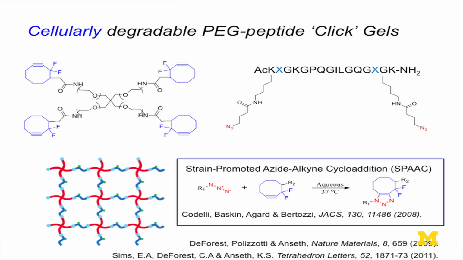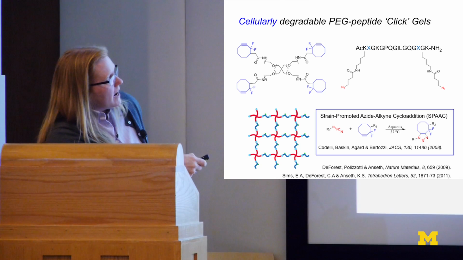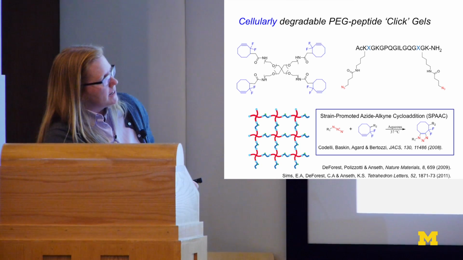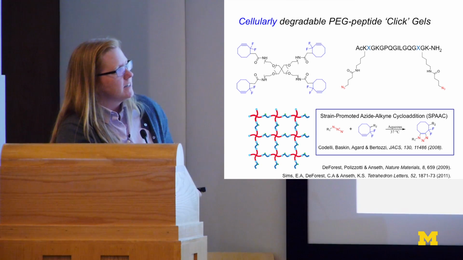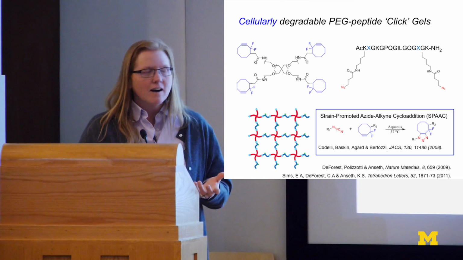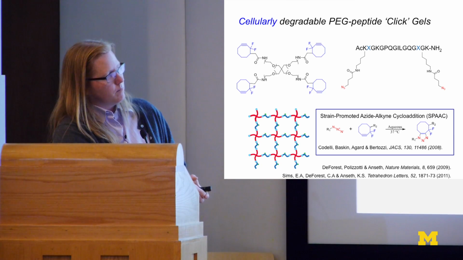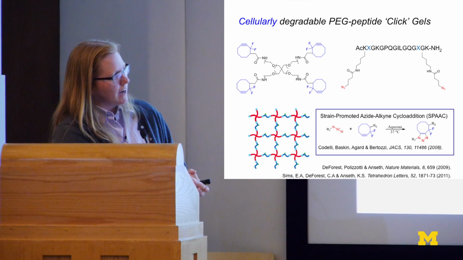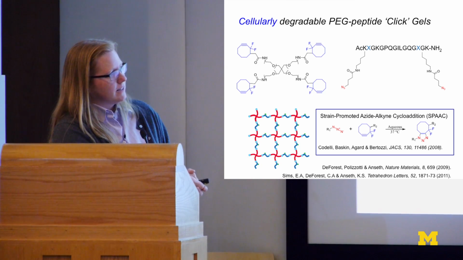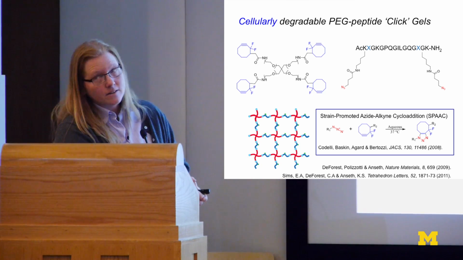So to make these, this gets to the question of how can I make different types of systems that take advantage of orthogonal chemistries. And so we were making our PEG hydrogels, and we wanted to take advantage of one of these click chemistries, these orthogonal chemistries. And at the time we were doing this work, Carolyn Bertozzi's group had recently published on this cyclooctane that could react with this azide to form this triazole.